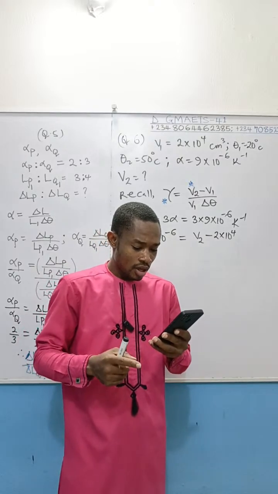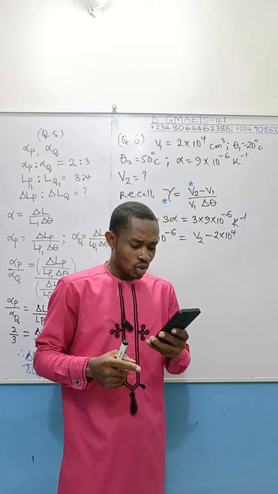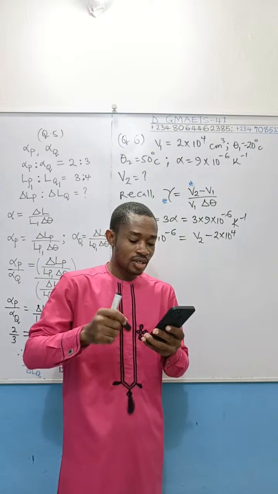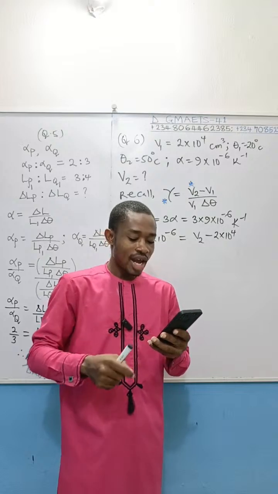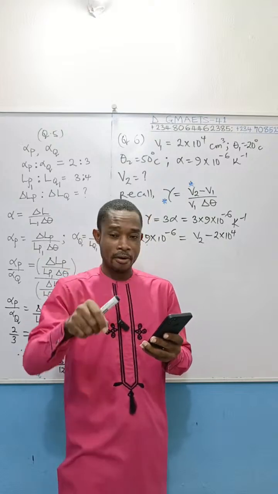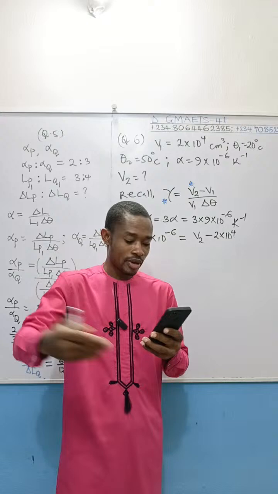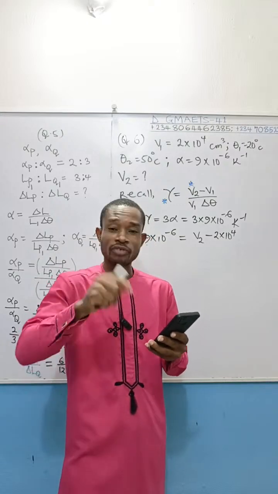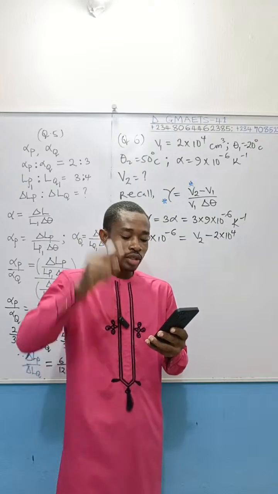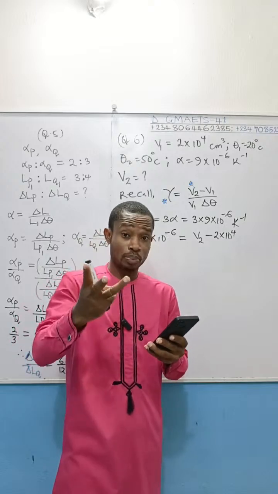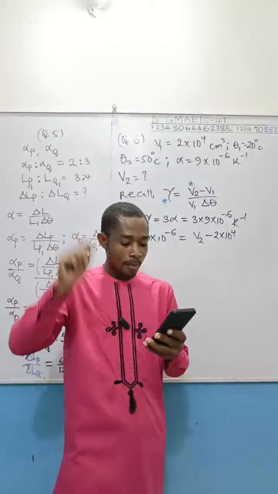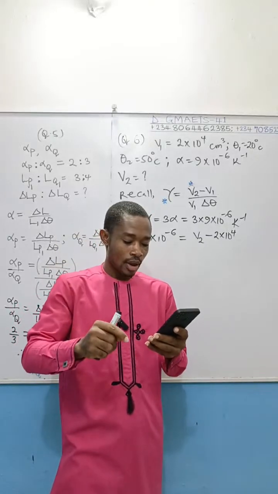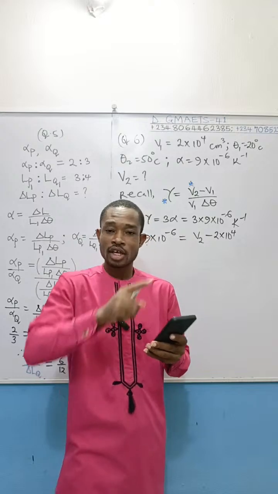Option A, 20,016.2 cm cube. Option B is 20,005.4 cm cube. Option C is 20,008.1 cubic centimeter.